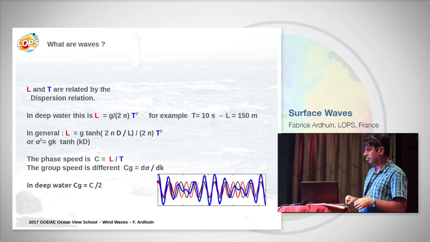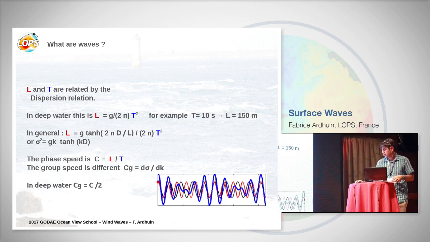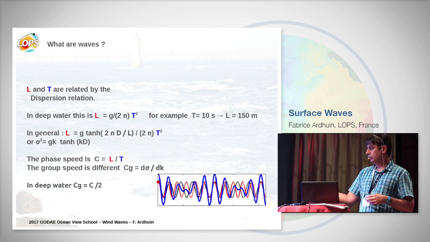I have a black wave train and a red wave train, and I've labeled the crest with a red and a black bullet, and they're moving from left to right. At the beginning, they are together, and because these two have a very small difference in wave period, one wave train is traveling faster than the other, okay? And the sum of the two is a blue line.